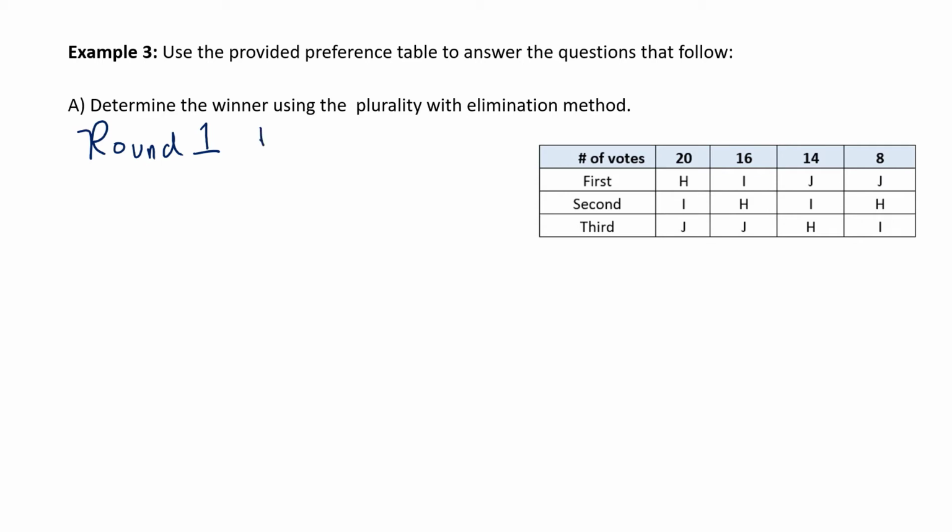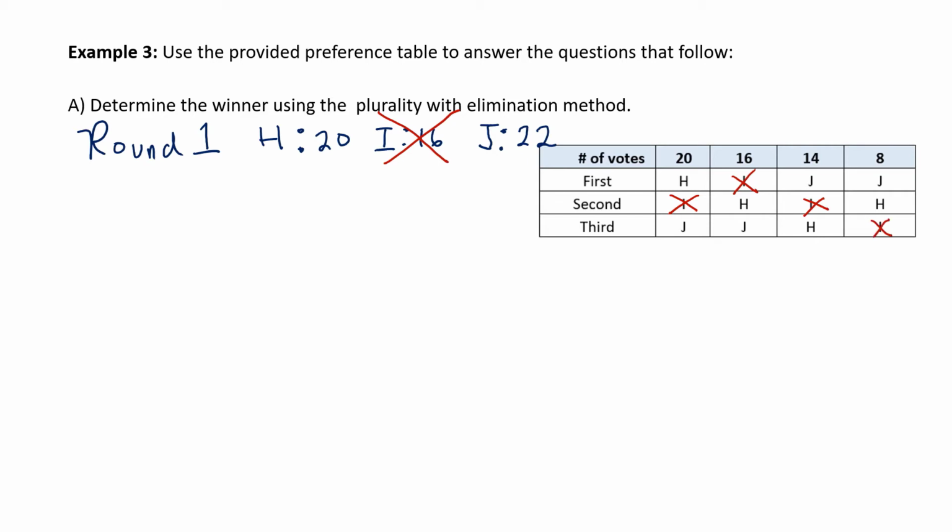So we've got candidate H, who has 20, candidate I, who has 16, and candidate J has 14 plus 8, that would be 22. There is no majority winner. We eliminate the candidate with the least votes. That appears to be I. So now I is no longer in the competition.